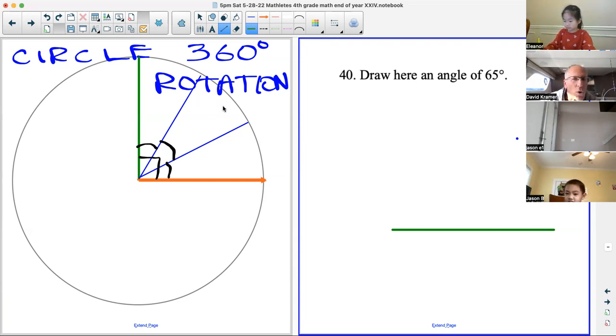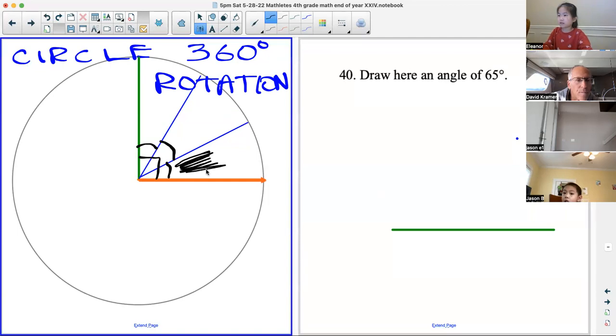Okay, now use the picture on this side here to draw an angle of 65 degrees. Now, Eleanor is showing me something. Eleanor, what degree measurement did you think was right in here? 30.